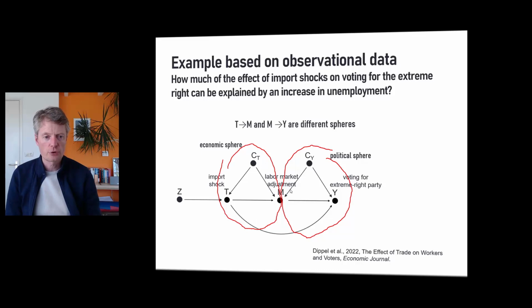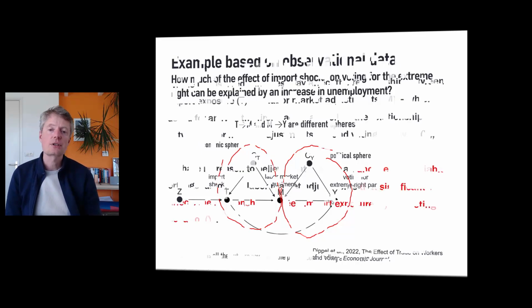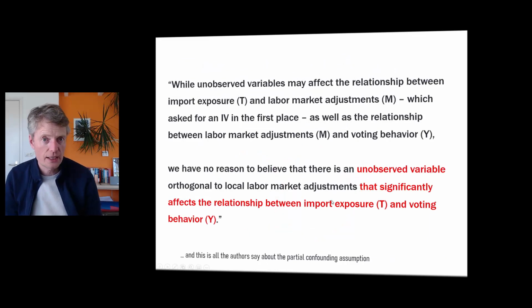So basically import shocks lead to unemployment, that's the reasoning, and therefore it affects voting for extreme right parties, and any confounders of this relationship, which are then used as our implicit instrument, should not directly affect voting for extreme right parties.